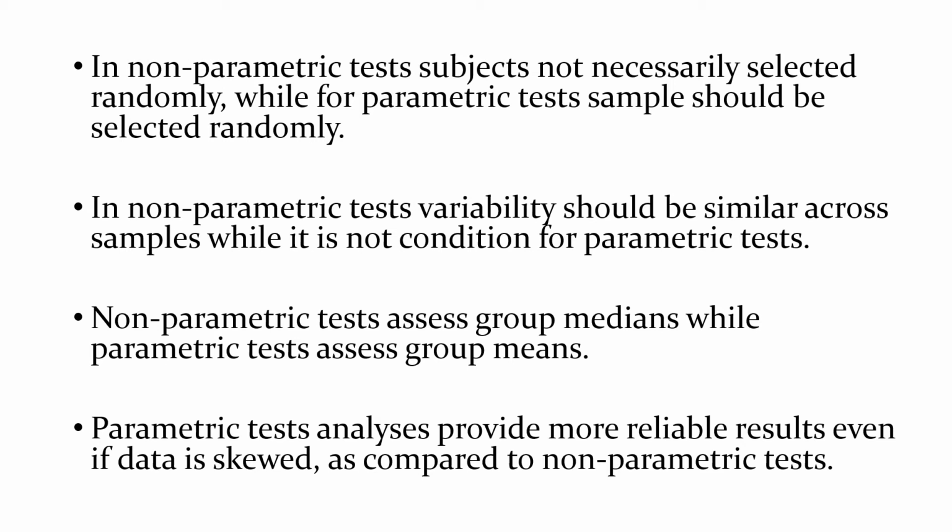Non-parametric tests assess through group medians, while in parametric tests we use mostly mean, which is a measure of central tendency. Median is also a measure of central tendency, but when we work with parametric test, we need mean, but in the non-parametric test, we can use median also.